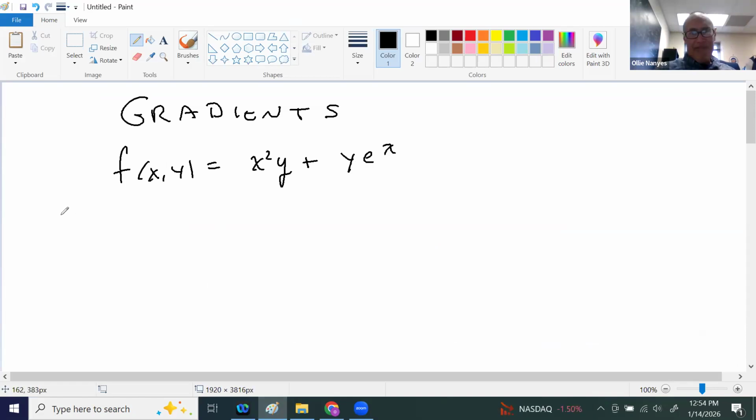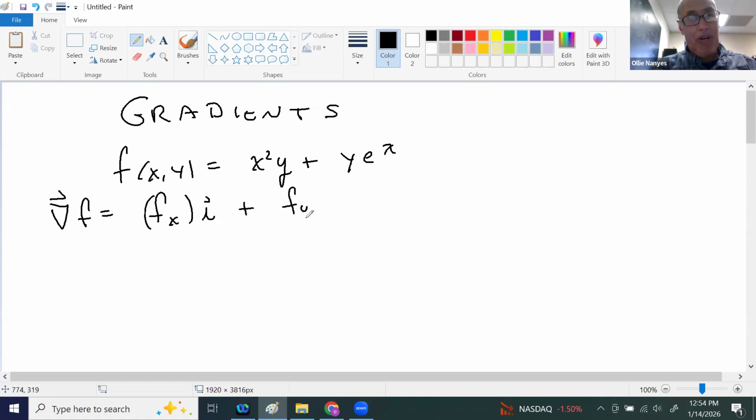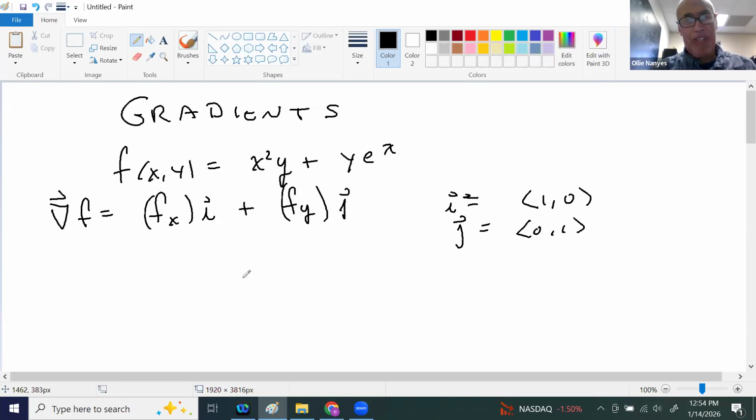Nice and simple. Now the gradient of f, as you learned in Calc 3, is going to be the partial derivative of f with respect to x times the vector i plus the partial derivative of f with respect to y times j, where you remember that in two variables, i is the vector (1, 0) and j is the vector (0, 1).